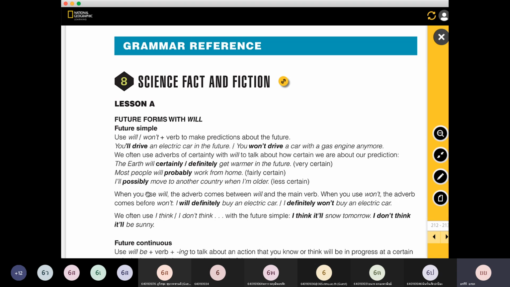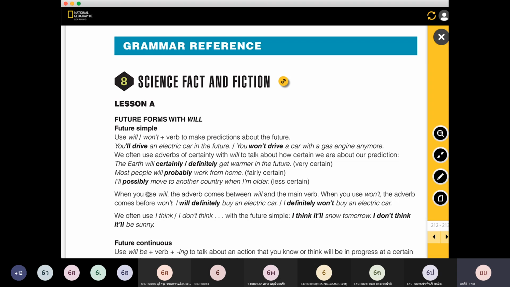Okay, and if you use these adverbs, we can put them after or before the verb will, as you can see in the example here, like definitely will or definitely will not, or won't, in the future simple as well.